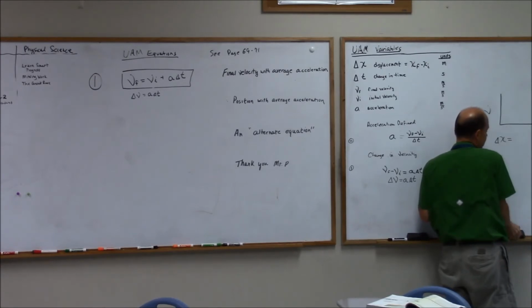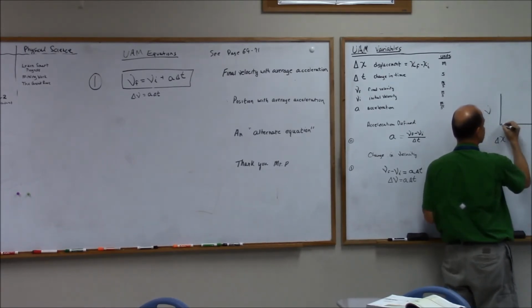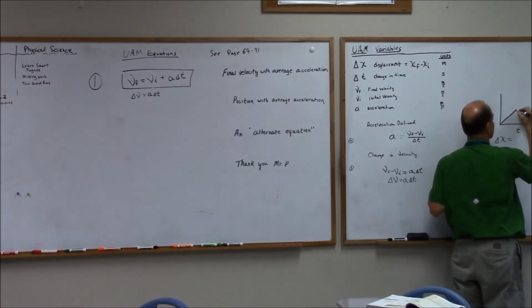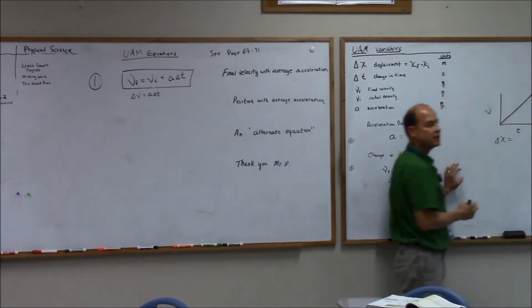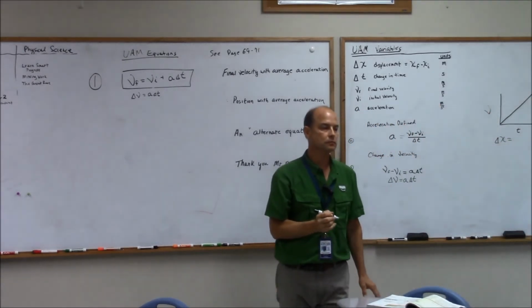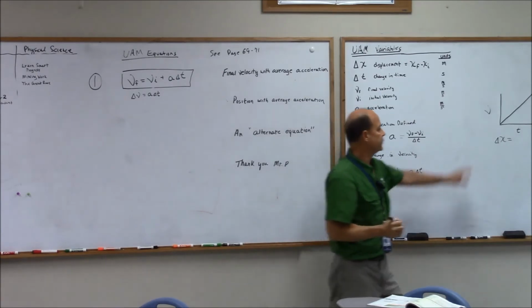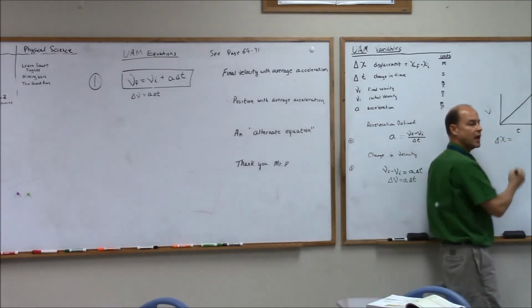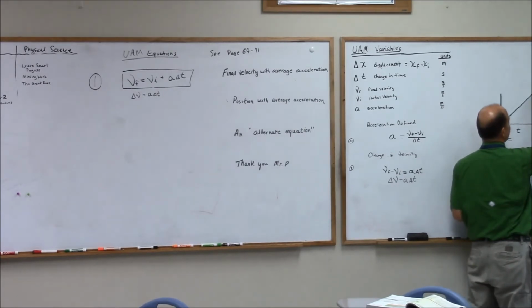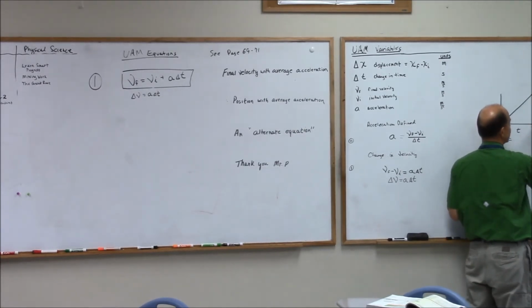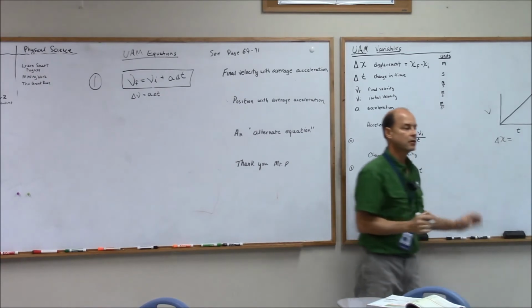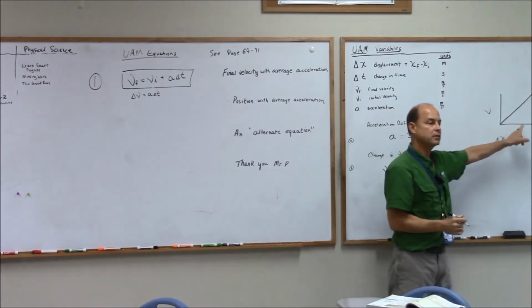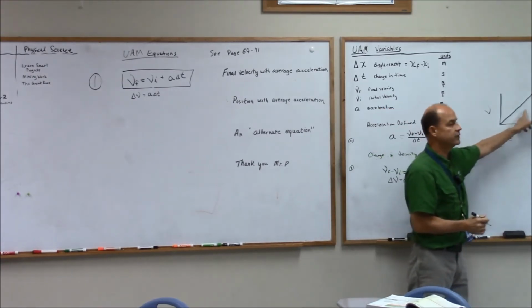But in accelerated motion, which is the topic of today's lecture, in hillbilly terms, that means it's speeding up. So if we apply the concept that we just learned about calculating the area under the curve, how would I calculate the area of this shape?